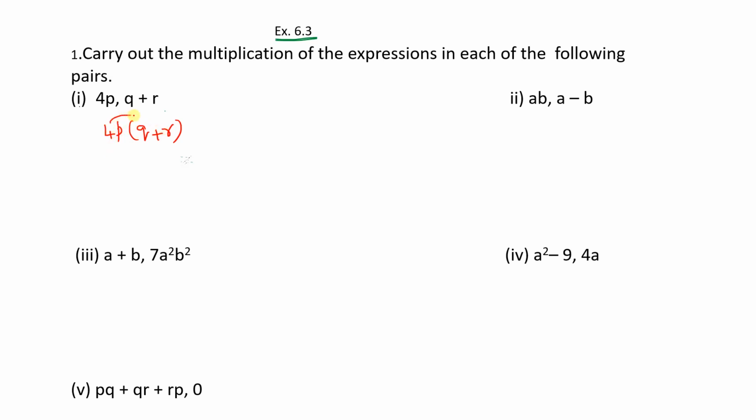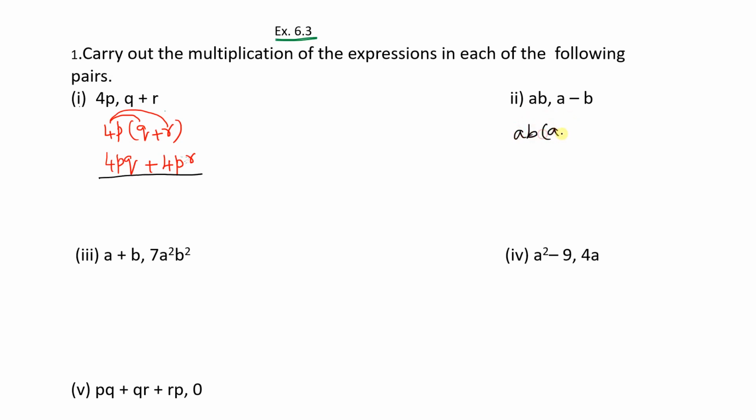So 4p into q and 4p into r. 4p into q is 4pq, plus 4p into r is 4pr. So this is the final answer. This is a product. Next.